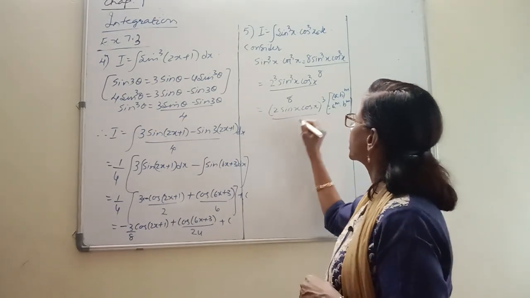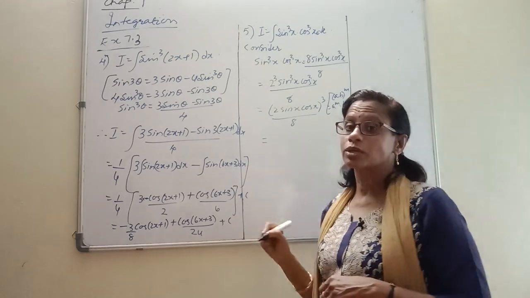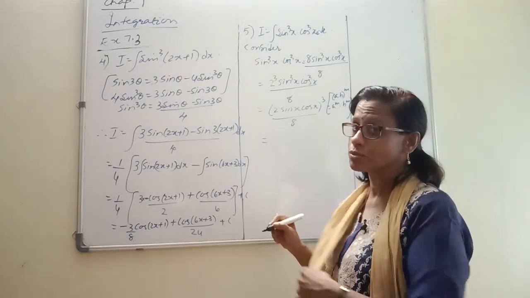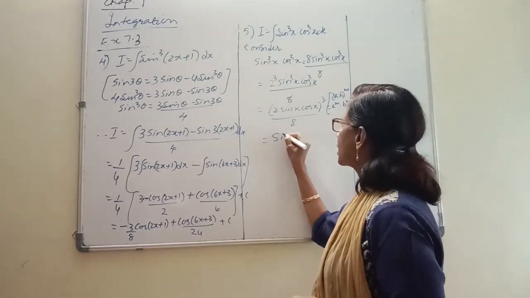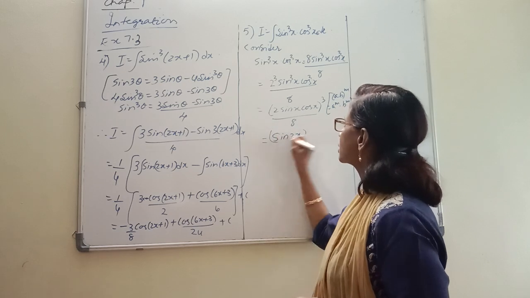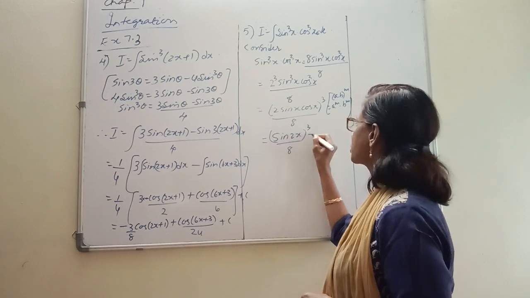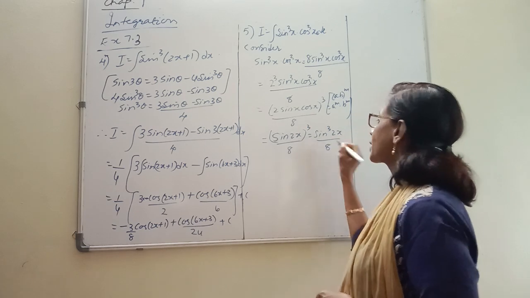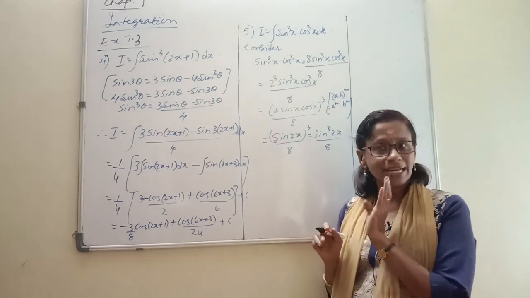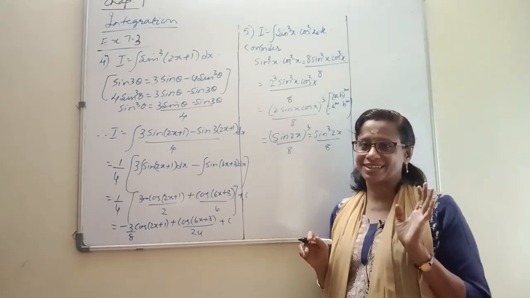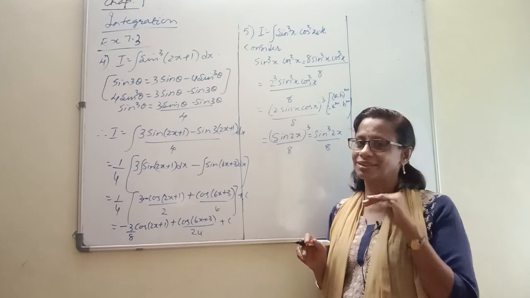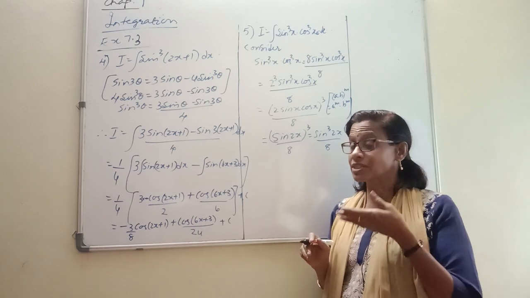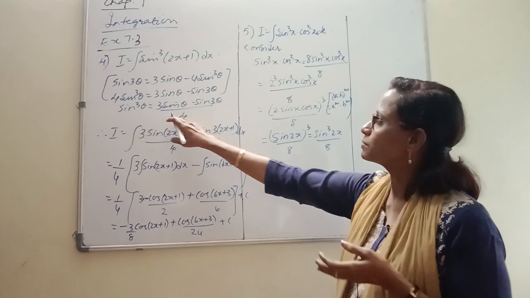We know that 2 times sin x cos x is sin 2x. So that is (sin 2x) raised to 3 over 8, which we call sin cube 2x over 8. The product has become sin 2x now, but again the cube is there and we are not happy with the cube. We want it to be simplified. We just learnt in the previous question that we can pick up that formula.